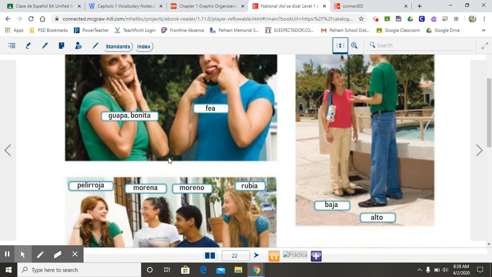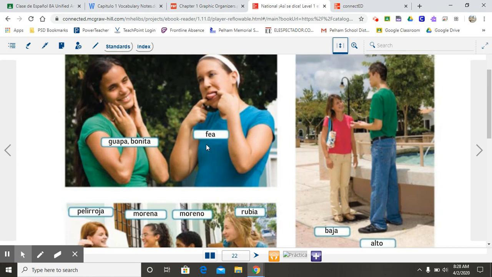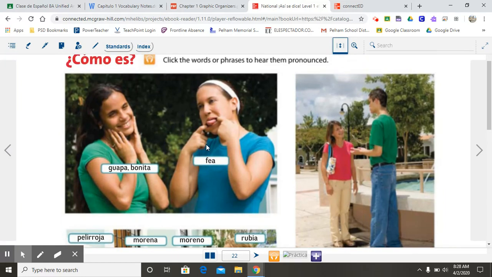In Spanish, a lot of words are going to end in either A or O. And if they end in a specific letter, that tells you which gender the word is for, because all words in Spanish, the majority of them, have a gender. When we describe things, whether they're people or even objects, they have a gender.